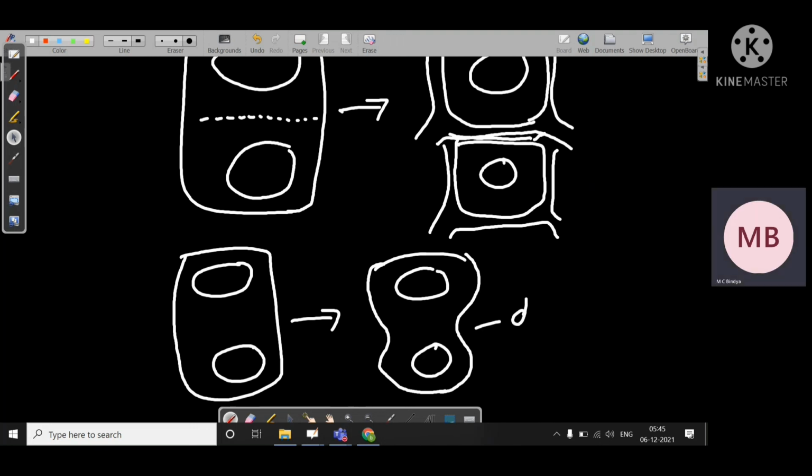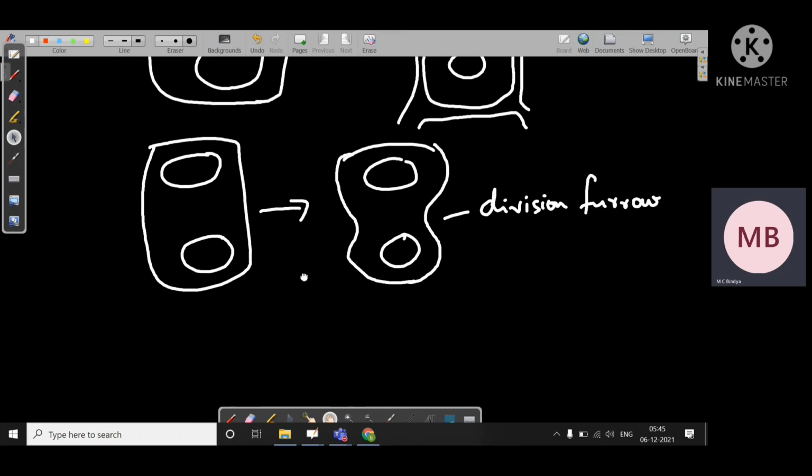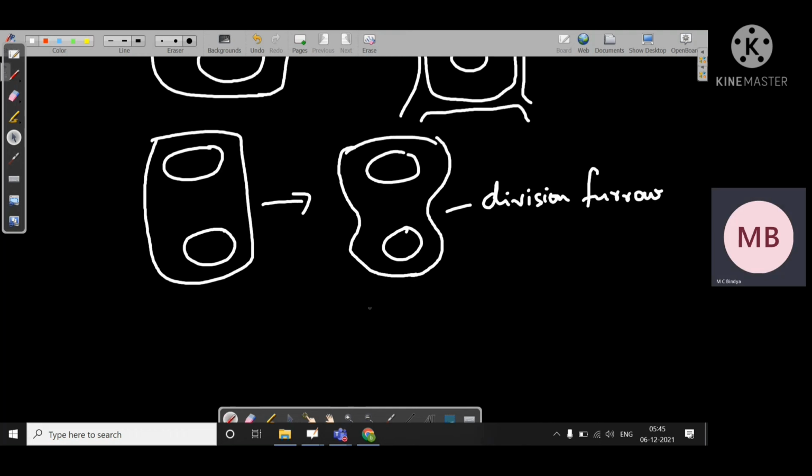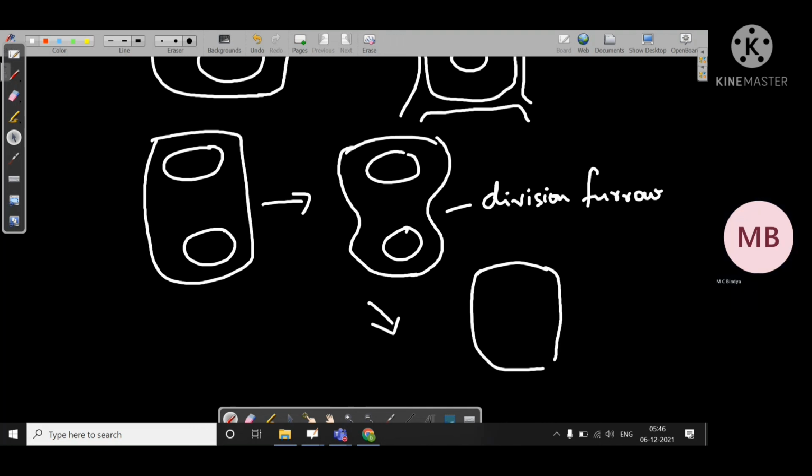In an animal cell, a division furrow develops that later on separates the cell into two cells, each having a nucleus.